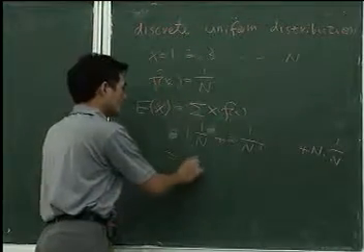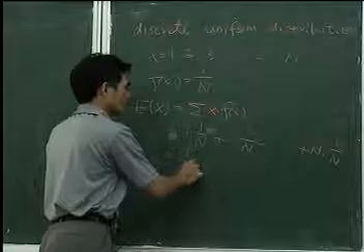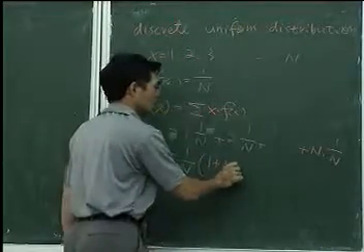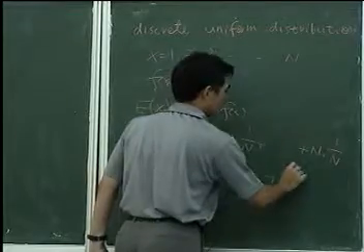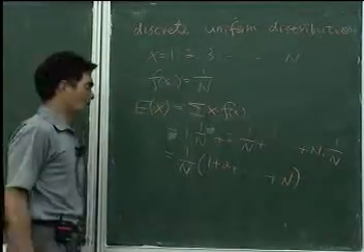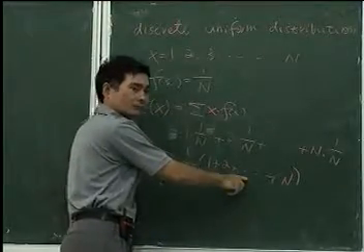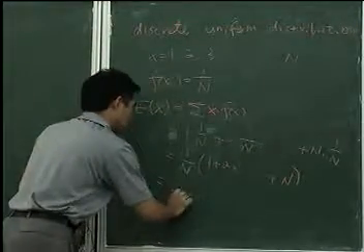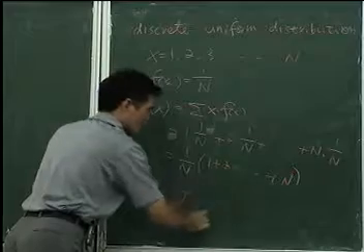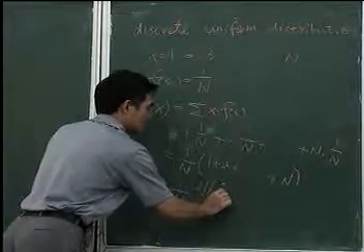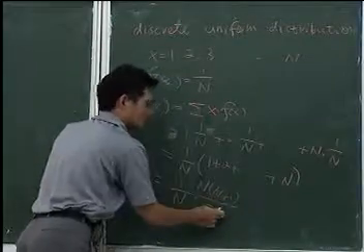So basically we have 1 over n, and inside we have 1 plus 2 plus up to n, right? And how much is this? This is 1 over n, and this is actually n times n plus 1 divided by 2.